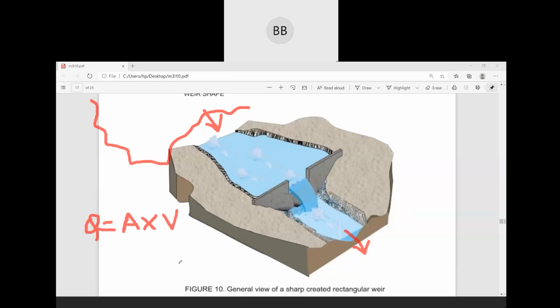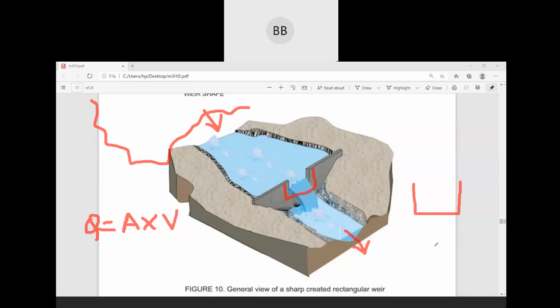So in small rivers, what we do is construct a weir or notch, where the dimension through which the water is flowing is known to us. If you consider this is the dimension of the weir, this dimension is known to us. So that irregular cross section we make into a particular shape, suppose a rectangular one.